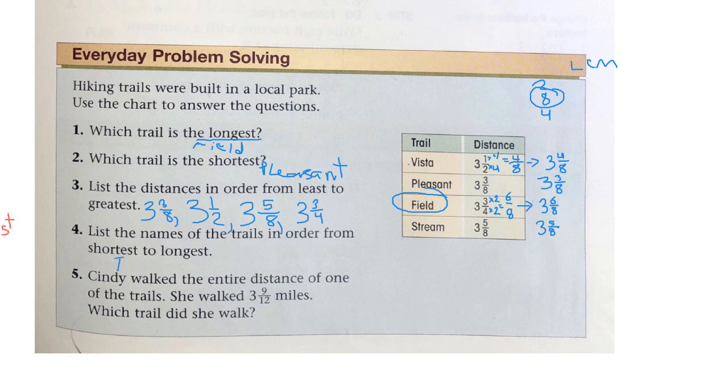So we've got Field, then 3.5 was Vista, 3 and 5/8 is Stream, and then the last is, oh, I put the Field wrong. Field is actually the one that's the longest.